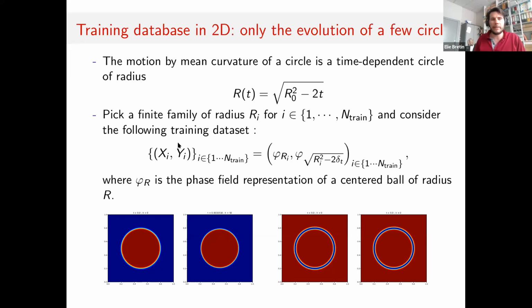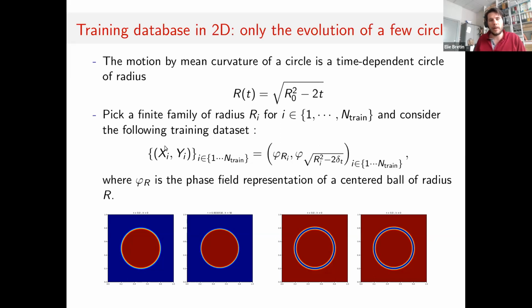So I can pick a finite family of radii Ri and define the database where the input of the neural network is given by the fast field representation associated to the ball of radius Ri, and the output of the neural network is associated to the same fast field representation, but where the new radius is given by the square root of Ri squared minus 2 delta t.